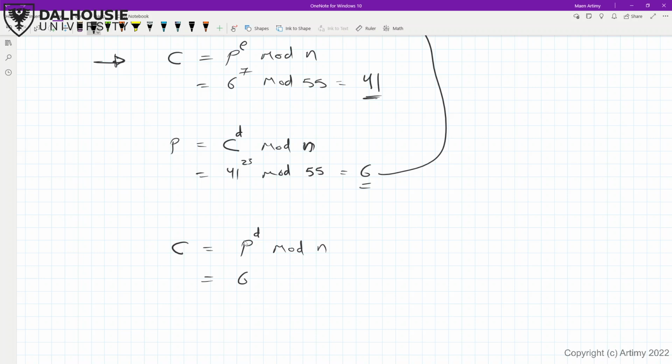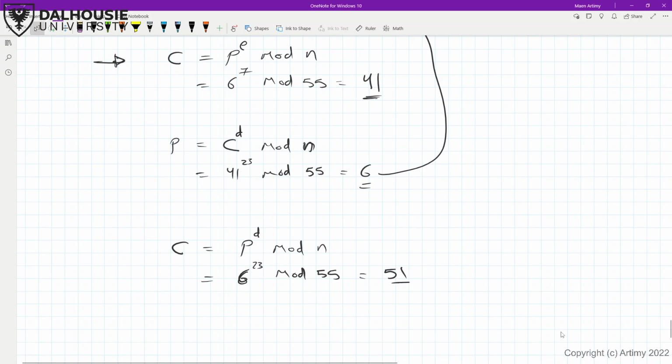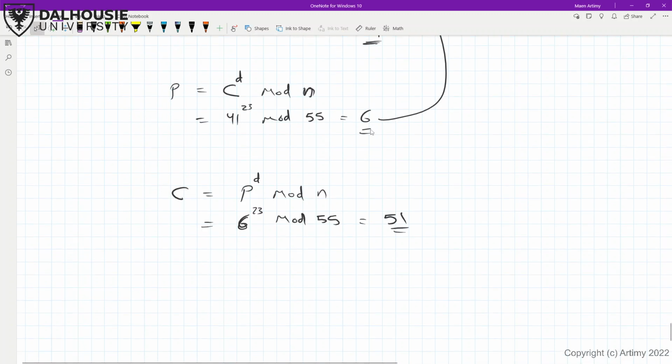Right? So we have 6 to the power of 23 mod 55. So we get 51. That's our ciphertext.